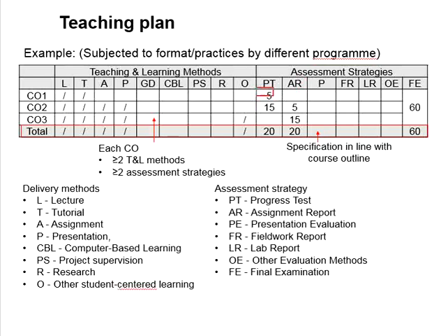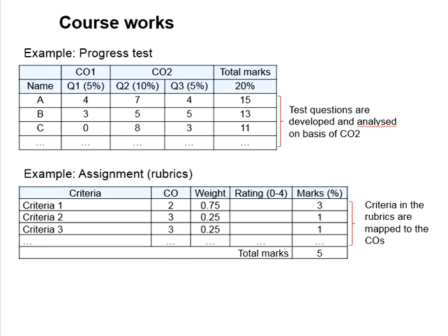Now that you know 5 marks to CO1, 15 marks to CO2 for your progress test, when you design your progress test, make sure you will have 5 marks for CO1 and a total of 15 marks for CO2. Your total mark here is still 20 marks, which is in line with the specifications by the course outline.